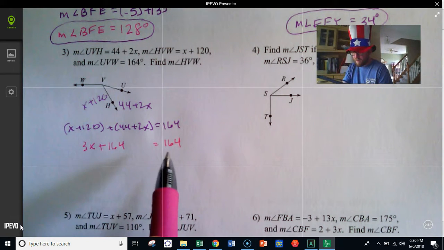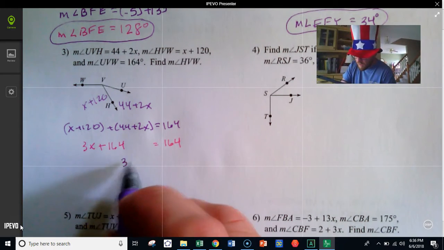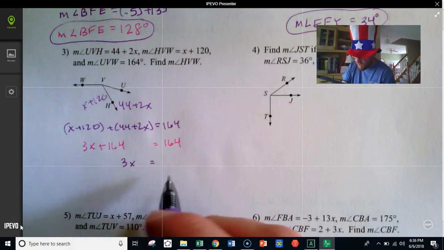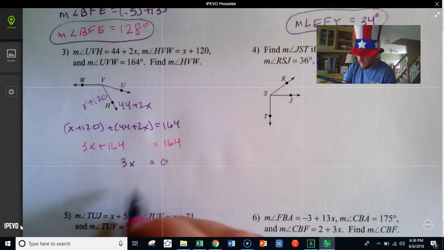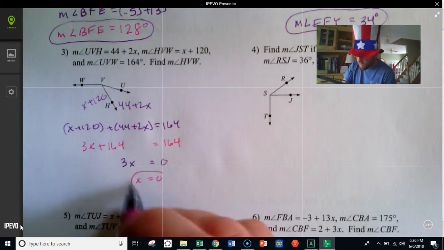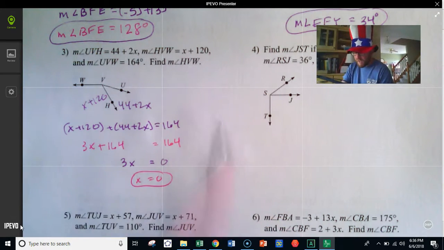That's interesting. I'm going to subtract 164 from each side. 3x equals 0. Divide by 3 on both sides. And x equals 0. So we're trying to find the measure of angle HVW.